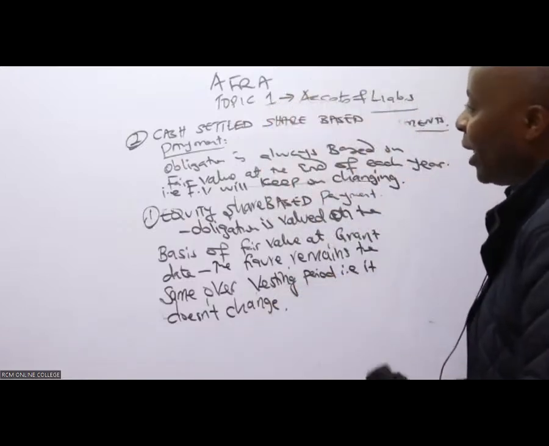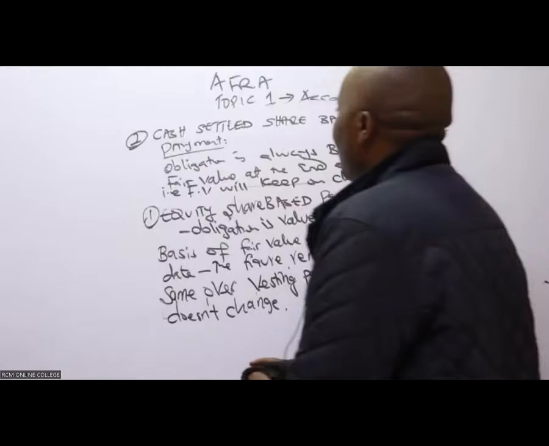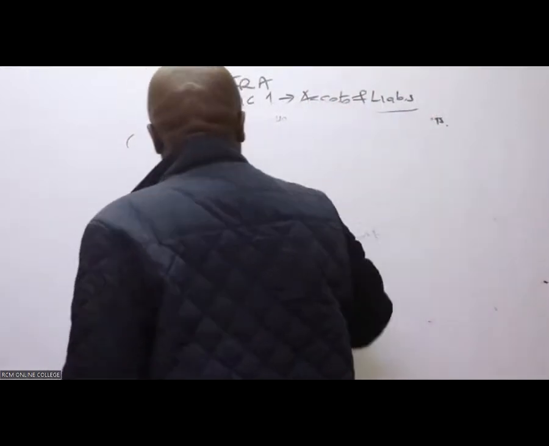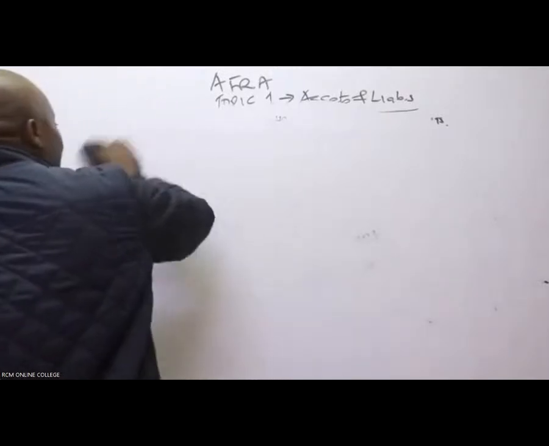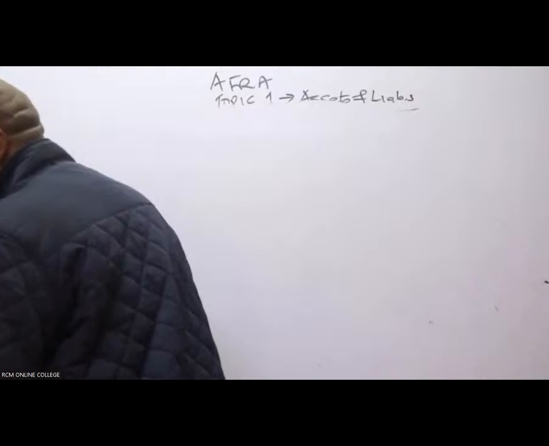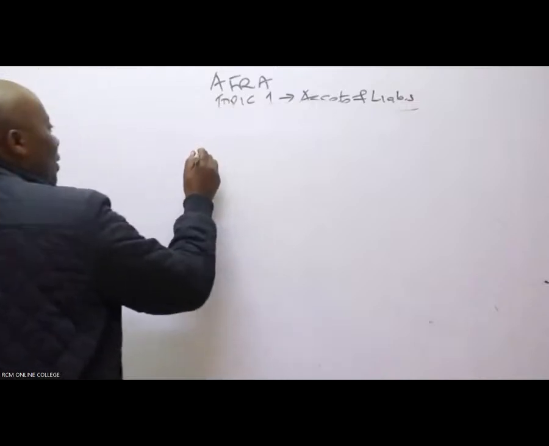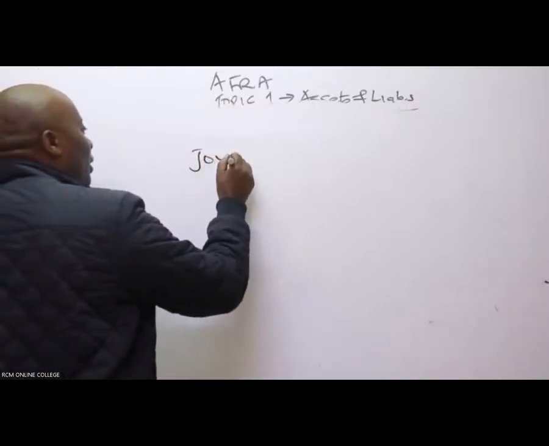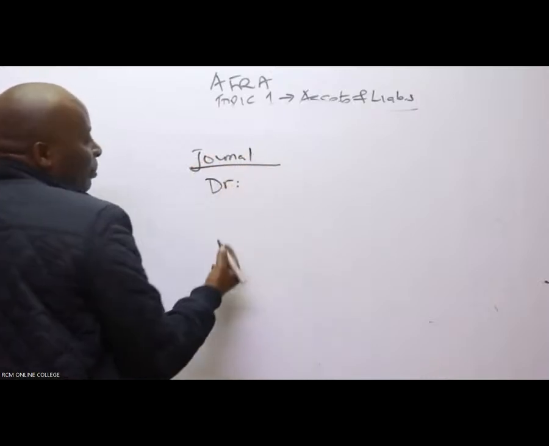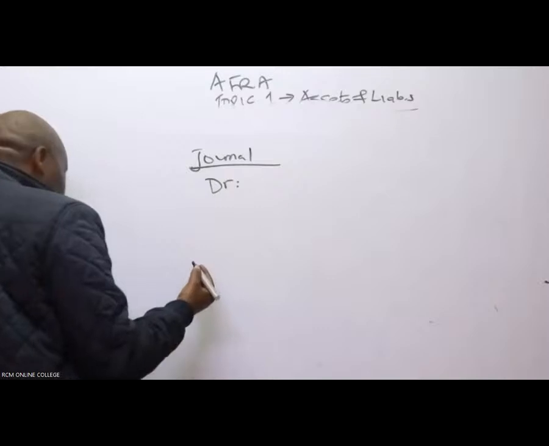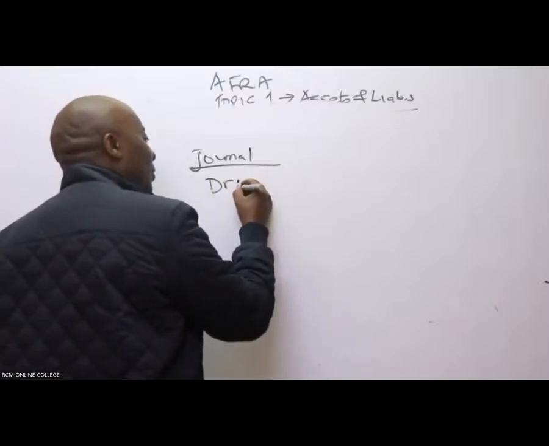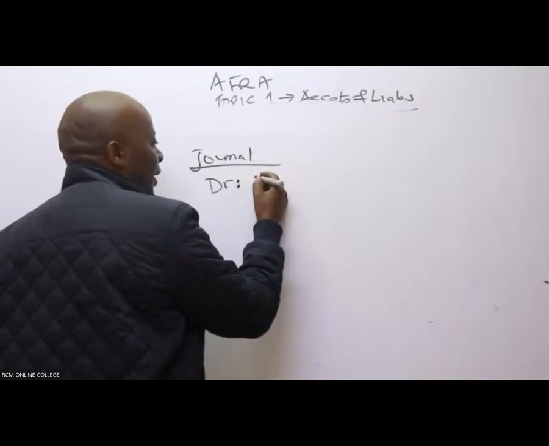Now listen to me very well here. What are the journal entries for this obligation? The journal entries that we shall pass here, we shall come under debit, ladies and gentlemen. In this case we have an expense.